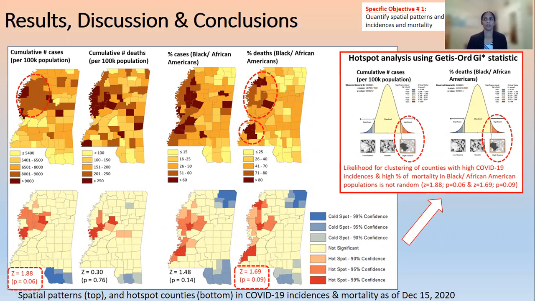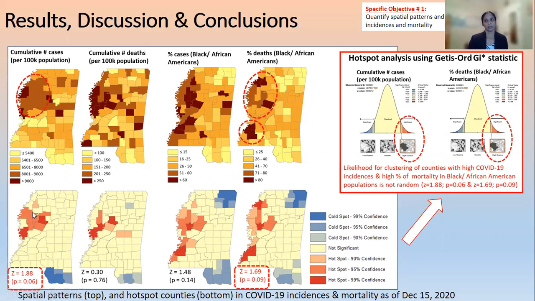We got similar findings when we analyzed these data to detect hotspot counties. We found clear clustering of counties for COVID-19 incidences and also for mortality.